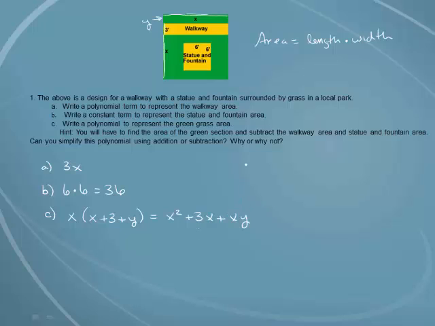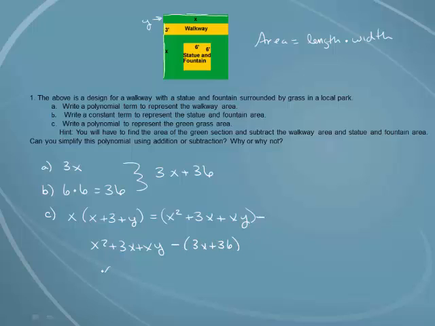Now we have to take away the walkway and the statue. The walkway and the statue together are 3x plus 36. So I have to take this polynomial that we found here minus 3x plus 36.